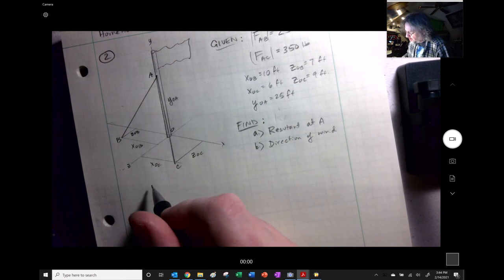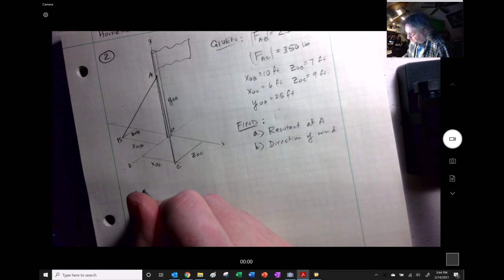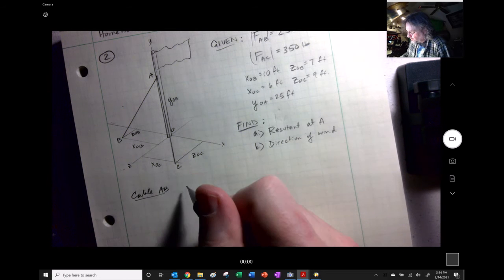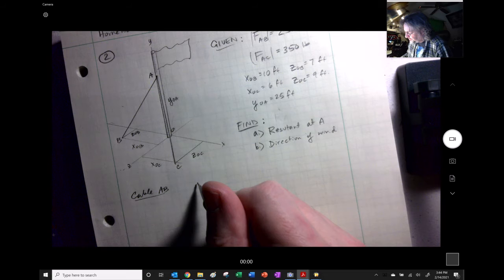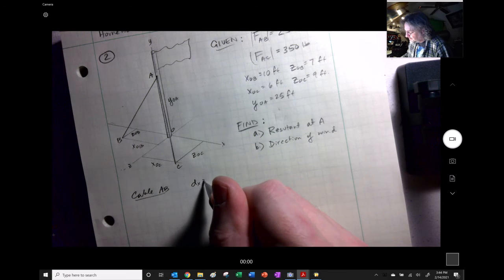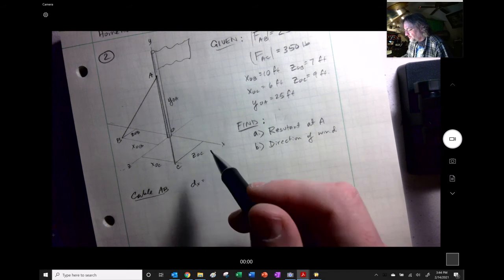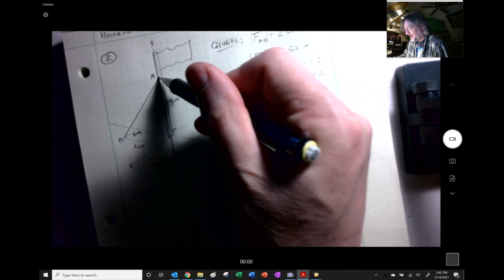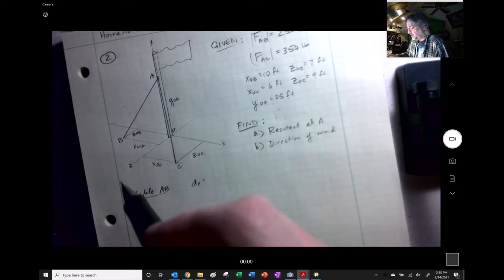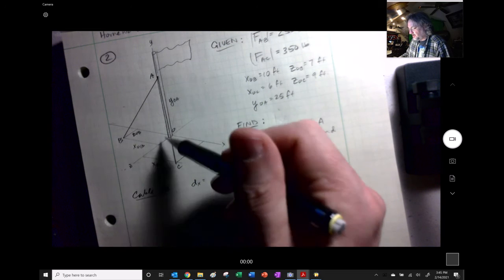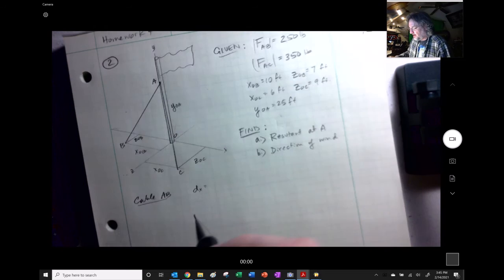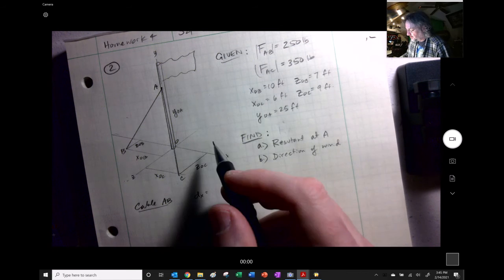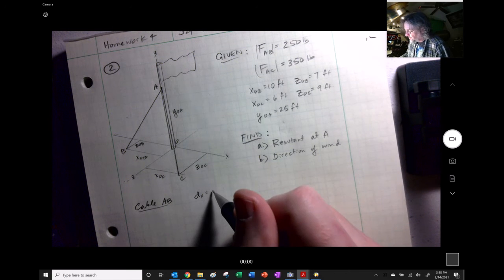Okay, so for cable AB, we're going to find the direction cosine. We'll take the dx, and everything here in this case is going to start from A and go to B. Then in the next one we'll go from A to C. I'm not going to give these dx's subscripts because I'll just restart when I go to the next one.